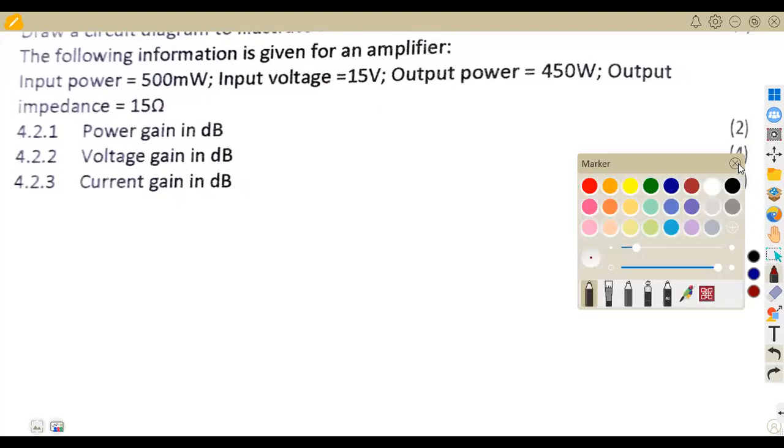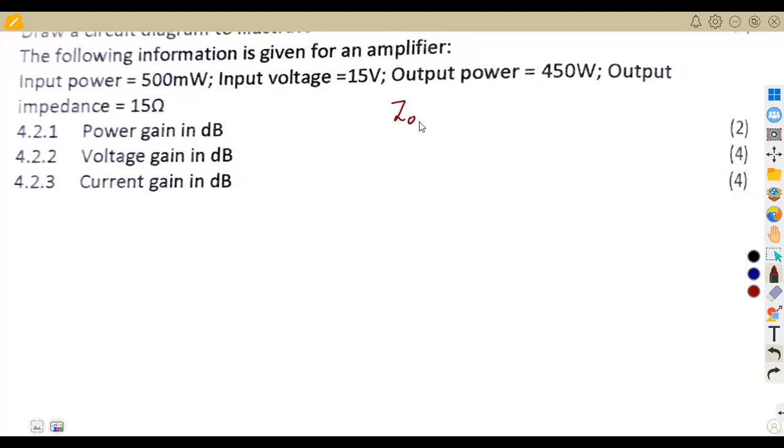So your impedance, which you can write as ZO for output and ZI for the input, will determine the power that you are given and also the voltage, depending on whether it is the voltage in or the voltage out. So what is important is that if we are working with the power, which formula are we going to use, and how are we going to apply the formula?